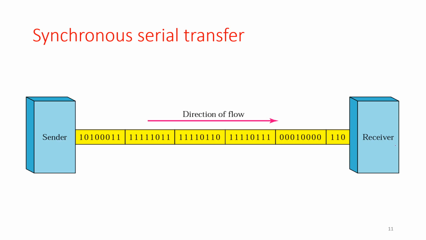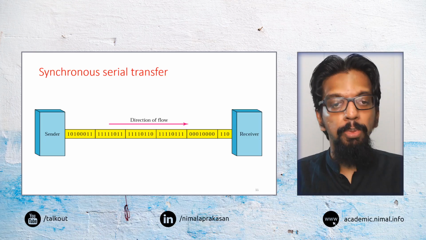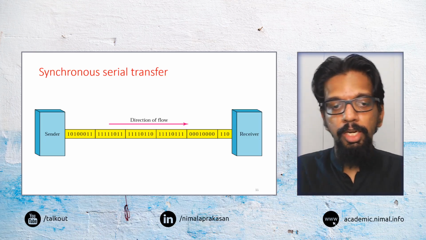So, within serial transfer, we said we can categorize that into synchronous serial transfer and asynchronous serial transfer. The point being, in synchronous serial transfer, we would have a set time interval to send set types of words or a set length of data.